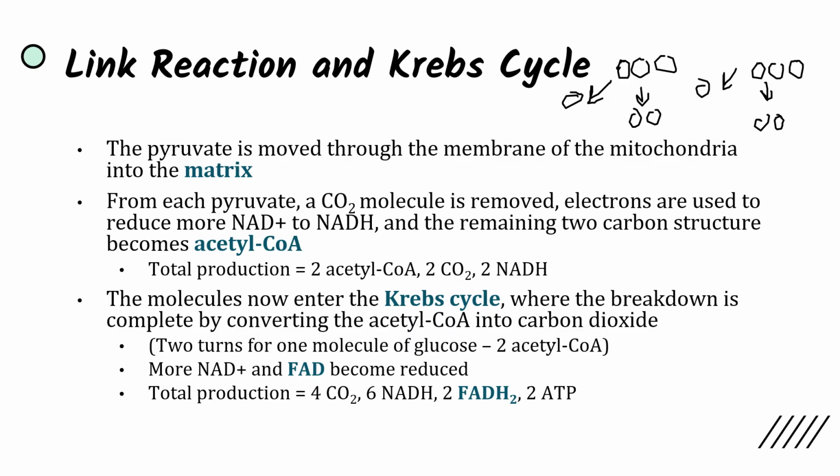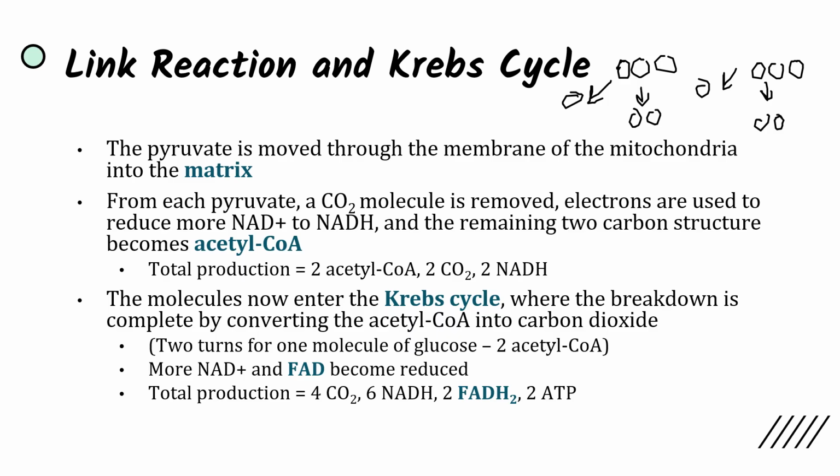And more NAD plus become reduced to NADH, as well as a second electron carrier, FAD, becoming reduced to FADH2. So our total production is going to be 4 carbon dioxide, 6 NADH, and 2 FADH2, as well as 2 ATP.